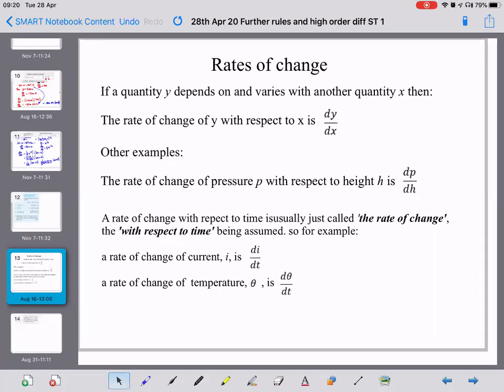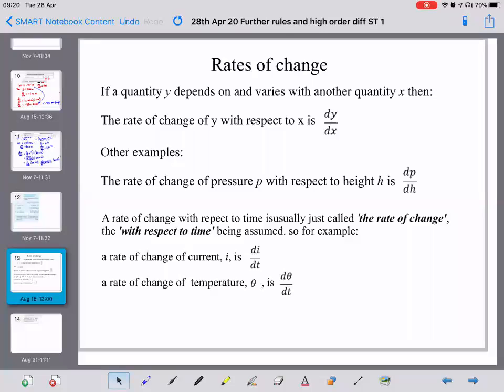A rate of change with respect to time is usually just called the rate of change, with respect to time being assumed. For example, the rate of change of current is di by dt, the rate of change of temperature is d theta by dt, and so on.